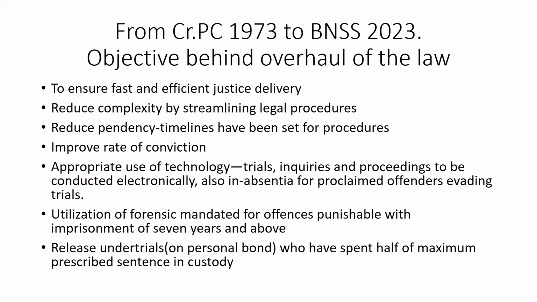Thereafter, what is the next objective? Utilization of forensics. It has been mandated for offences that are punishable with imprisonment of 7 years and above. See, a crime which carries a punishment of 7 years or more has to be a very serious crime. So, in such crimes, just because we do not have an appropriate mechanism to get the forensic examinations done, does that mean that we will allow the accused to get away?